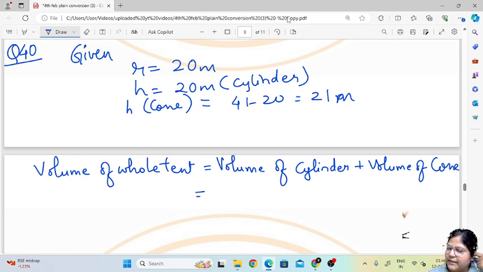So volume of cylinder is how much? If you see, what is the formula of cylinder? Yes, anyone?